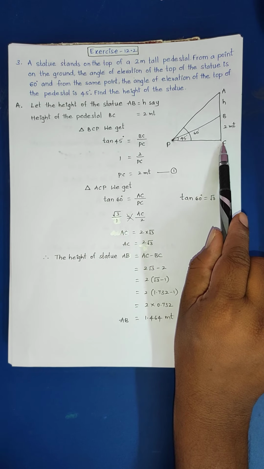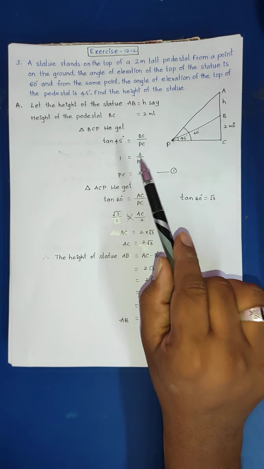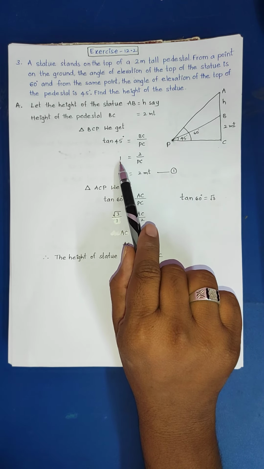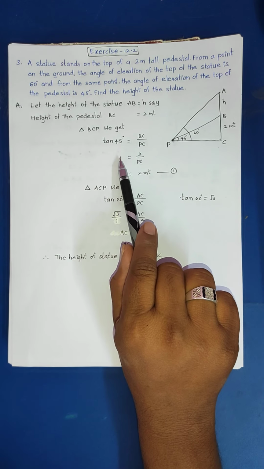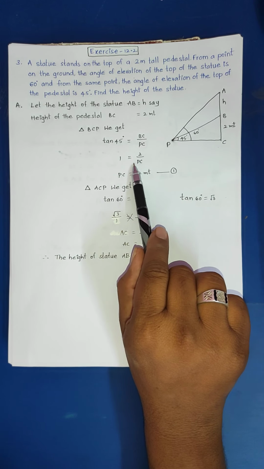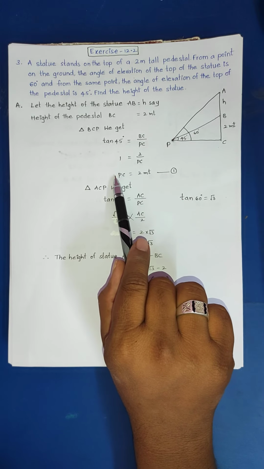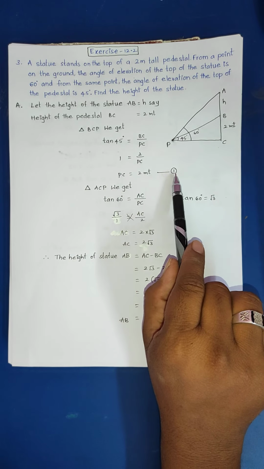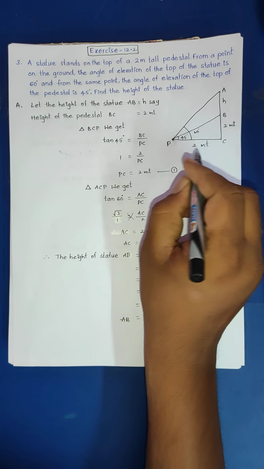The distance between the bottom of the pedestal and the observer we don't know. PC. Tan 45 how much? 1. With the trigonometric table, tan 45 degrees gives 1, is equal to BC 2 by PC. Sending this side across, PC is equal to 2 meters. We found the value of PC, 2 meters.